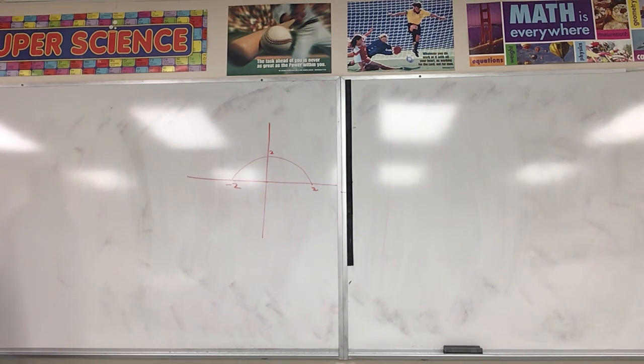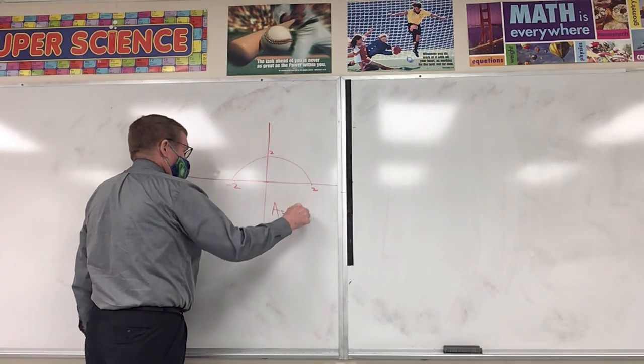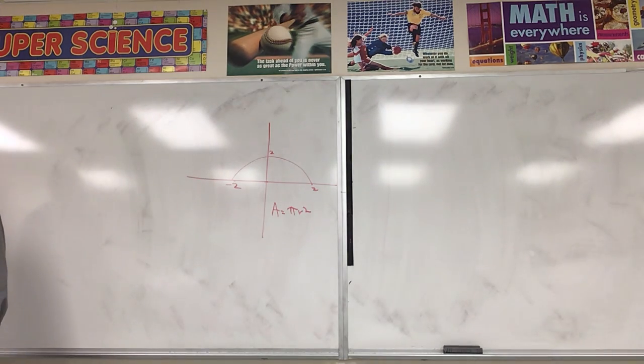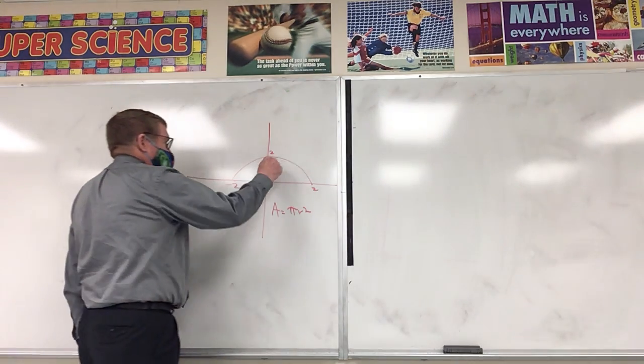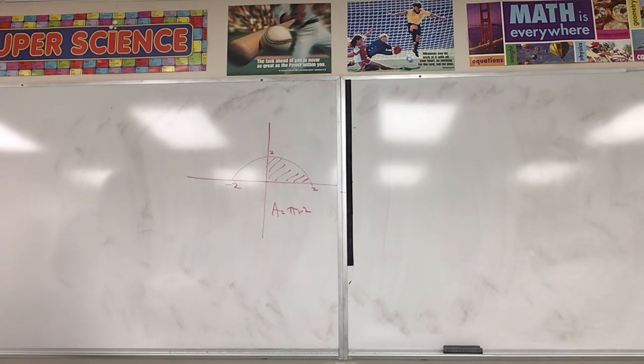So if you're using geometry, what area formula are you going to use? A equals pi r squared over 2, because it's a semicircle. But what do they want you to have the integral of? It's from 0 to 2, square root of 4 minus x squared.